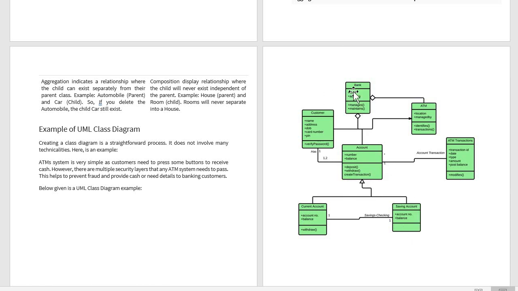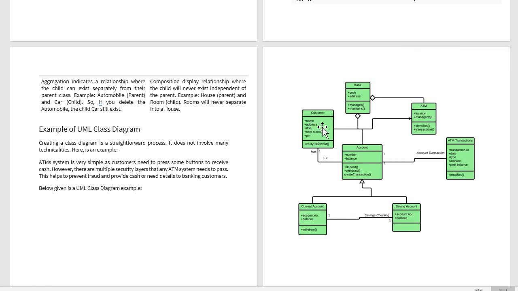As I have told you, in a class diagram there should be three compartments. Bank is the class name, customer is the class name, account is the class name, and likewise ATM transaction, savings account, and current account. These are all the class names.